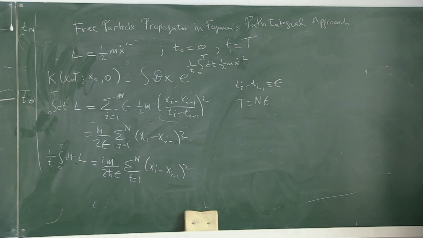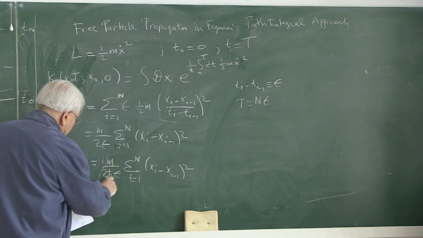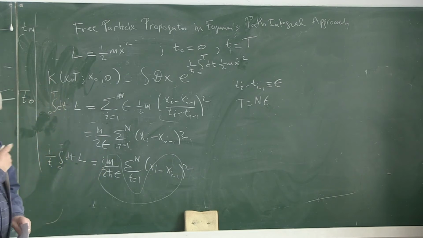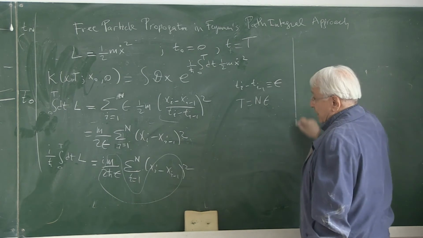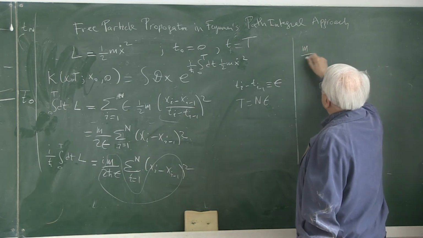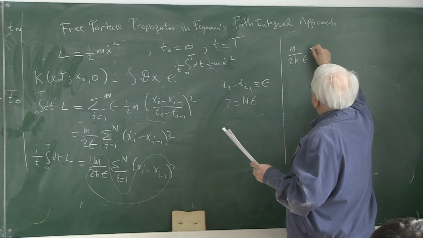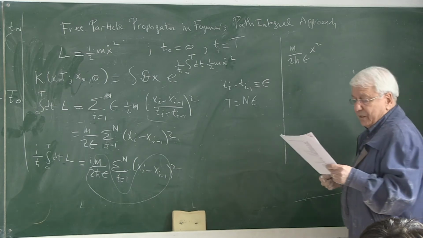In order to make it even nicer, I will introduce a new variable now, make a variable change, employing this portion. It already suggests to me, I leave the i out, I need that I write m over 2 h bar epsilon x squared for any i, x1, x3, or x27, doesn't matter.